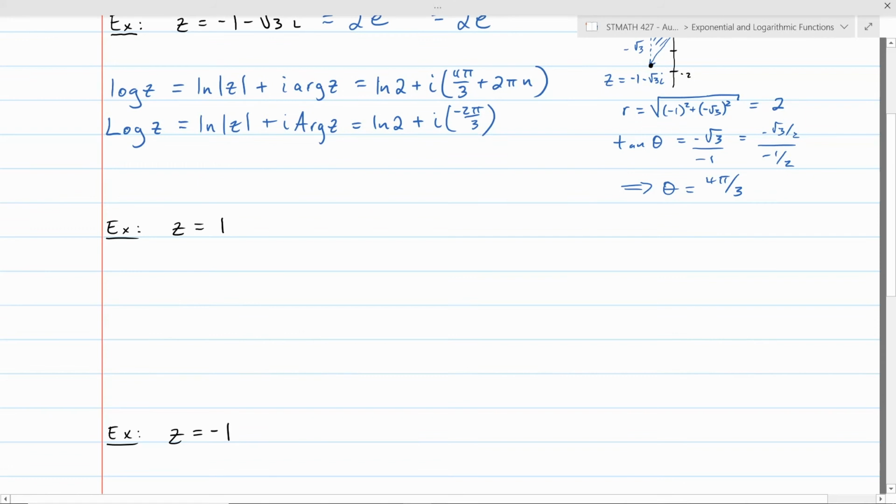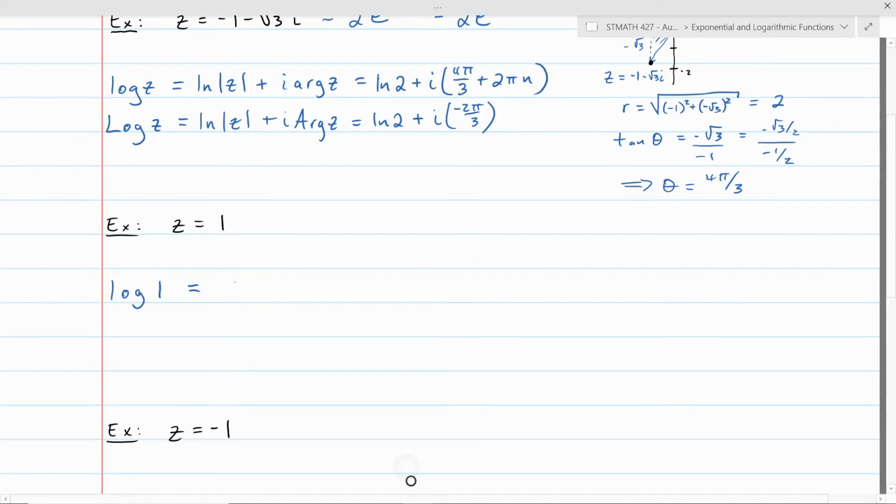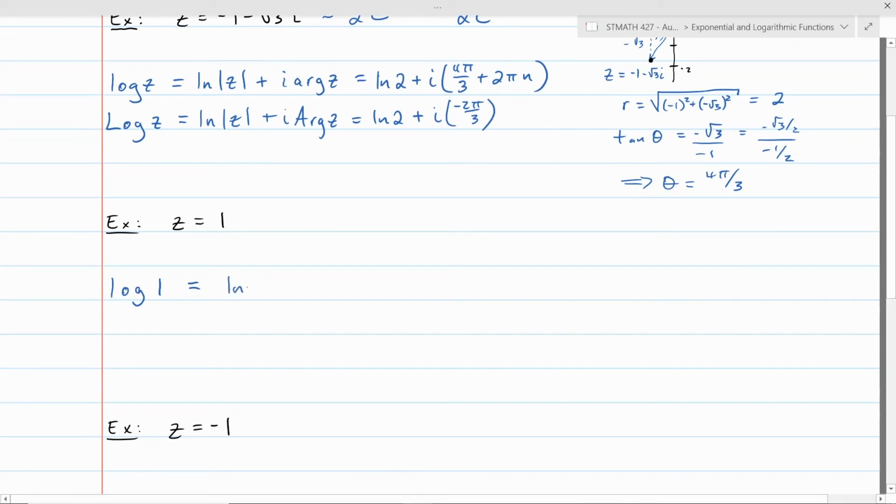We could do the logarithm of 1, log 1. Here we don't have to do much thinking. We know that the modulus is equal to 1, and we also know that the argument is just any angle of the form 0 plus 2 pi n. So this will be natural log of the modulus of 1, which is just 1, plus i times the argument, which is 0 plus 2 pi n.